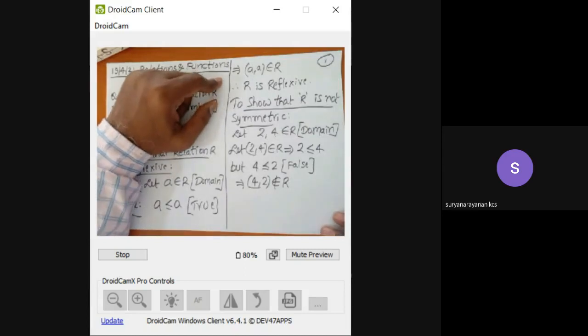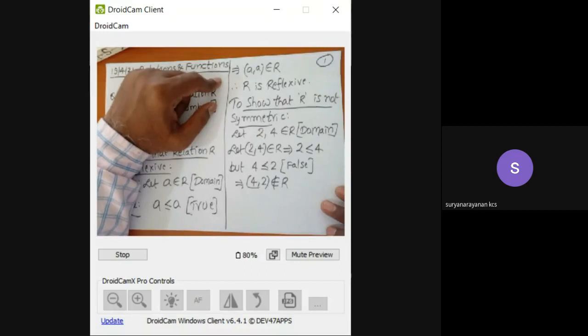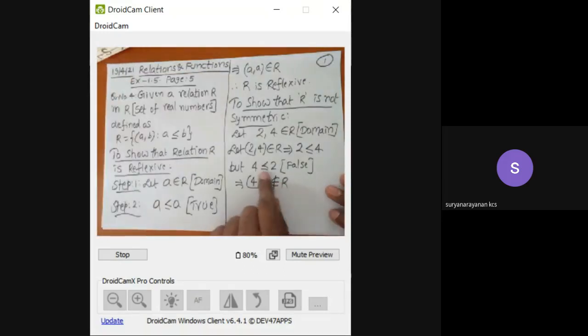Ordered pair 4 comma 2 does not belong to R. Here we have taken two numbers 4 comma 2, but these two numbers are not satisfying. We got a false statement, which means they are not satisfying the given relation. So we say that ordered pair 4 comma 2 does not belong to R.